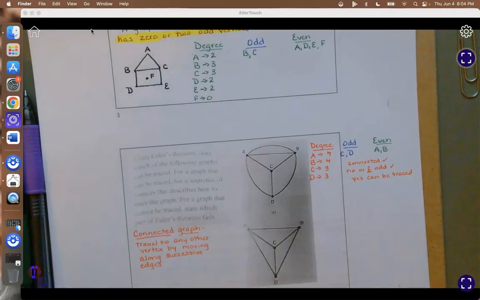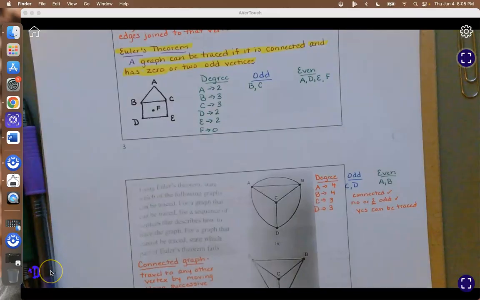The degree: A, B, C, D. And we have odd and we have even. All right. So on this one, A has 1, 2, 3.